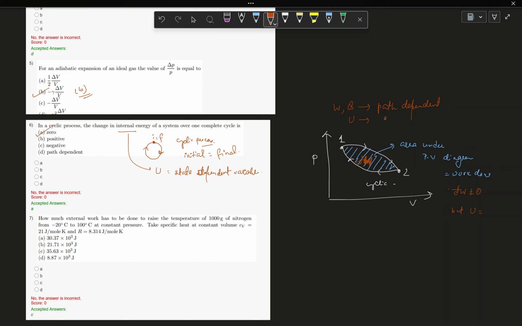But U, which is the internal energy, is state dependent. So whenever you are dealing with a path dependent quantity, it does not matter whether you go and come back to the same point again. What matters is that a path has been traversed, right? So 1 to 2 and then 2 to 1. So this path has been taken, and because of that you have a finite non-zero work done or heat energy. So dQ is non-zero and dW will be non-zero in the cyclic process.